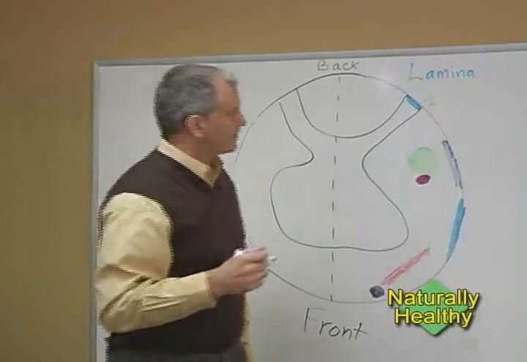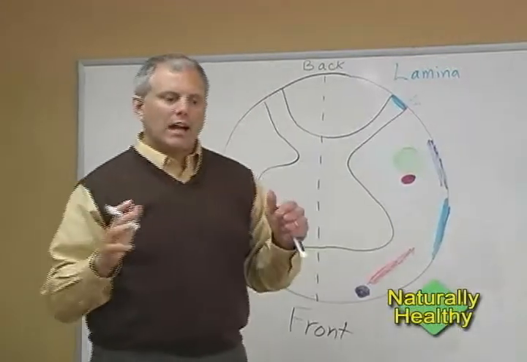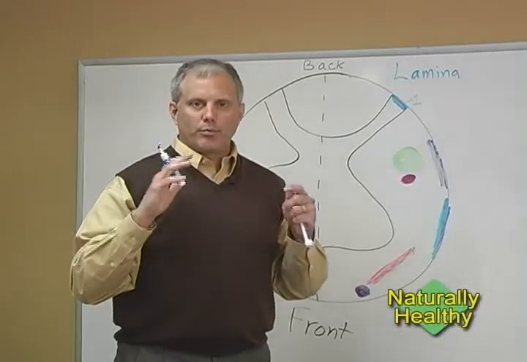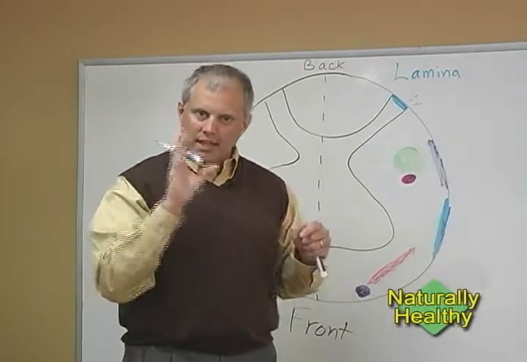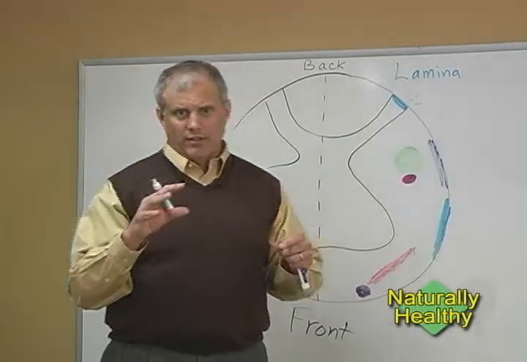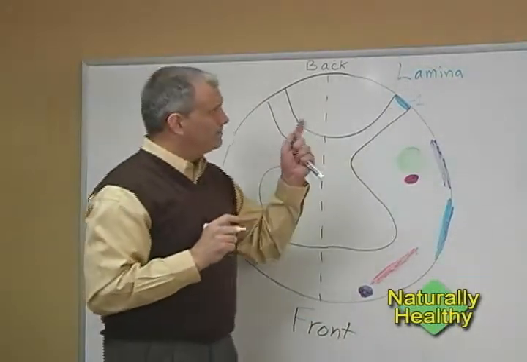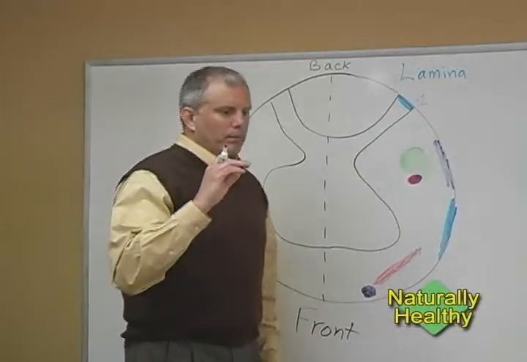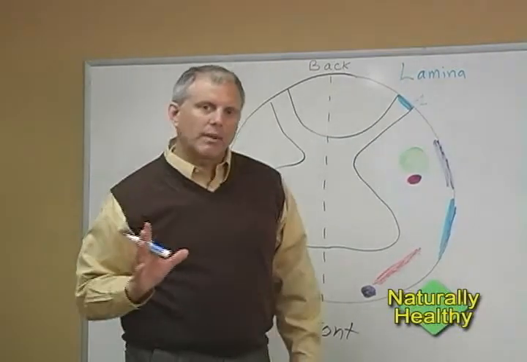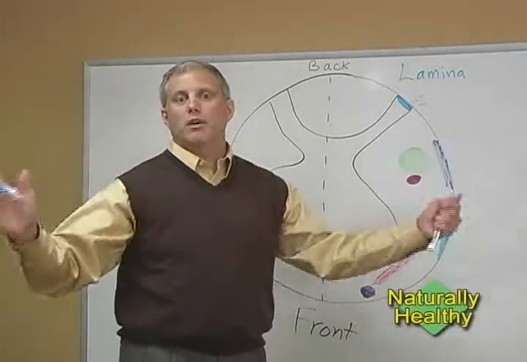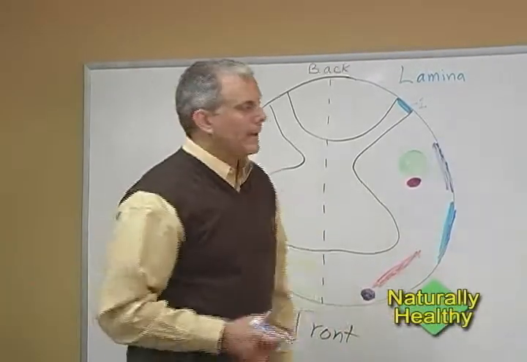And here's the thing. We talked about how different levels of the spine supply and send different nerve signals out of that area and receive different nerve signals. Well, when we're talking about pain, a pain signal can come in from the body into a certain level of the spine. Let's say it's lumbar level 4.